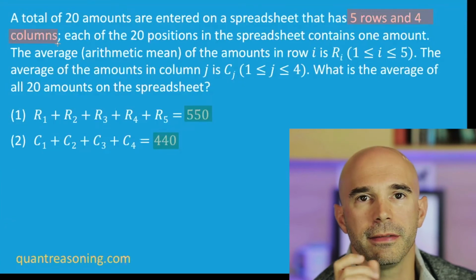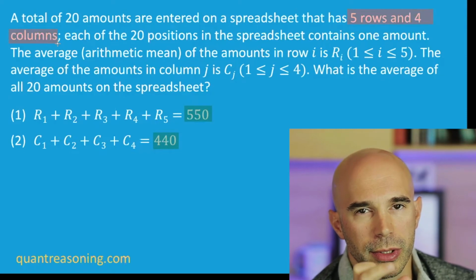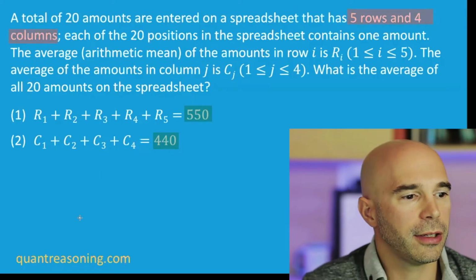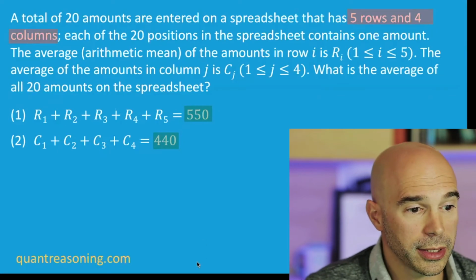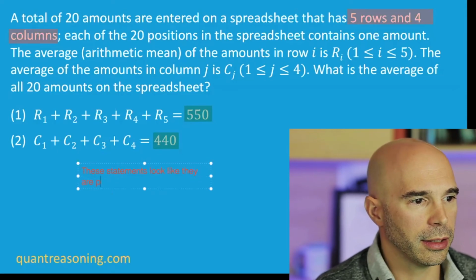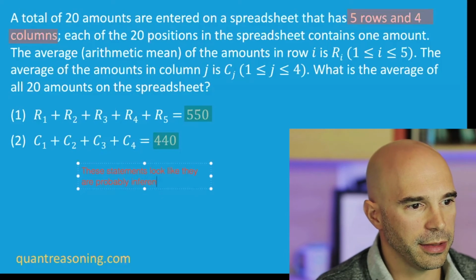If I knew nothing and understood nothing about this question, just noticing that coincidence, I would say the following, and I would be fairly confident about this. Not 100% confident, but fairly confident that these statements look like they are probably inferentially equivalent.